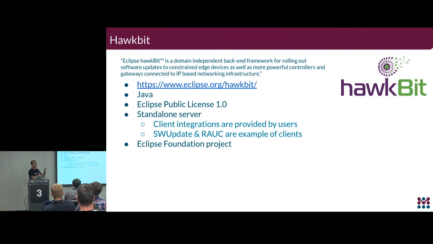It exposes an API, and the client needs to implement this API, and then it can work with the Hawkbit server. It's completely Java-based, I think, which nowadays is not so popular, I guess. As I mentioned, SWUpdate and RAUC are examples of clients that already have some kind of integration, so they can work with this.